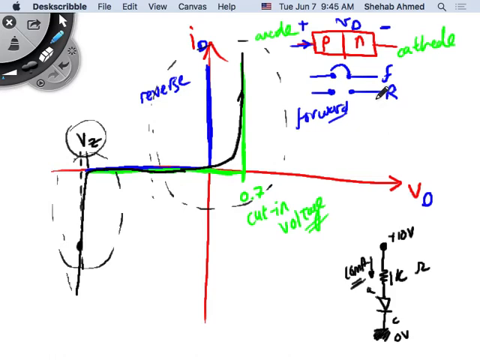So you have to make sure you put stuff around your diode that will make it operate the way you want it to operate. So if you have a circuit outside this diode that's going to make it operate in forward mode and reverse mode in a way that you want, then it's okay. But if you want to operate only in forward mode, and your circuit is putting negative voltage across your diode, then it's your mistake.